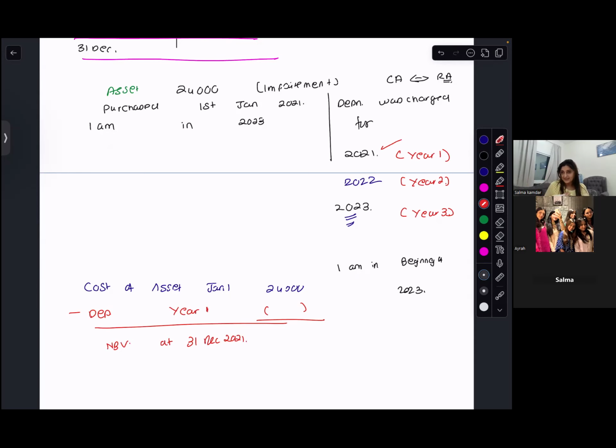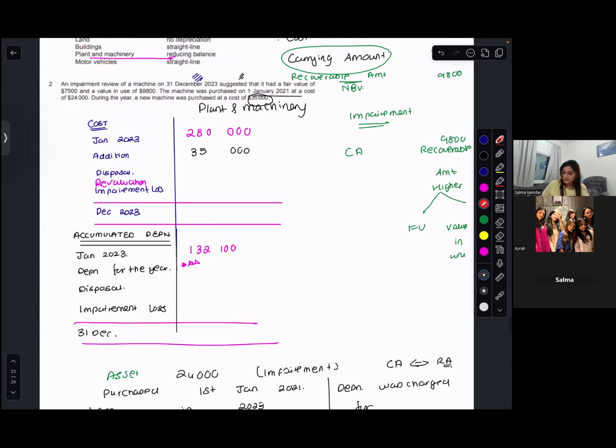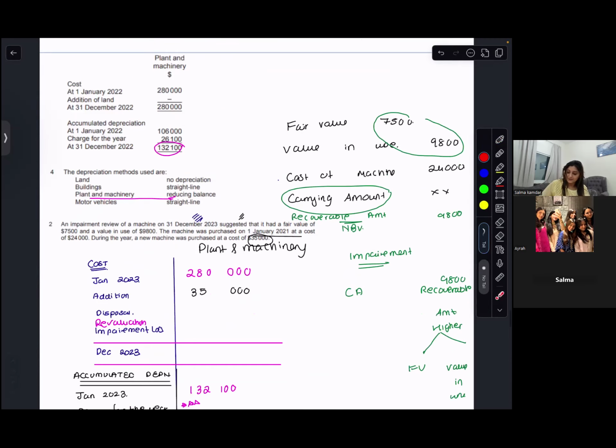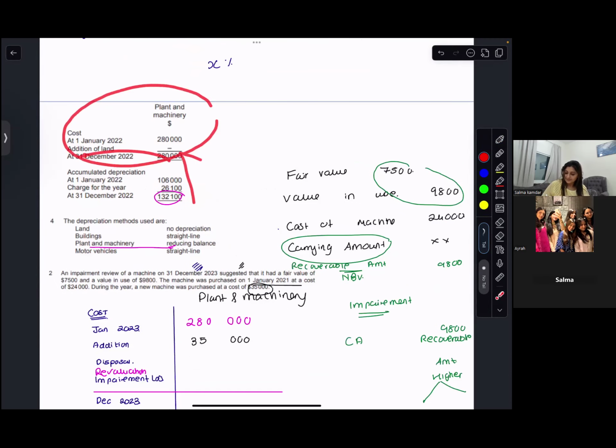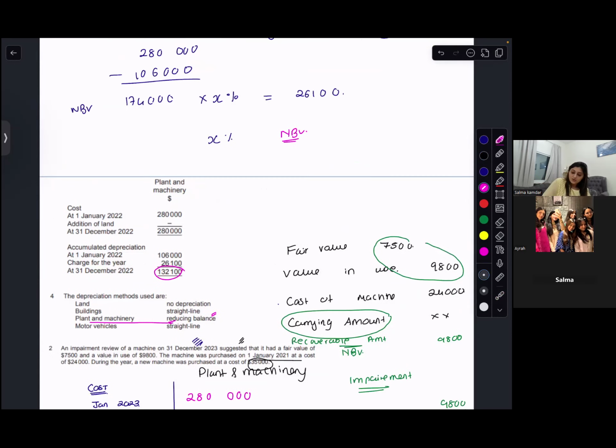Now the idea is, where is depreciation? When I look at the question, I don't see anything related to depreciation. Rate of depreciation is not given, but I know depreciation is charged on which value? Reducing balance method, that means the net book value. So the cost of the asset minus the accumulated depreciation was the net book value at 2022.